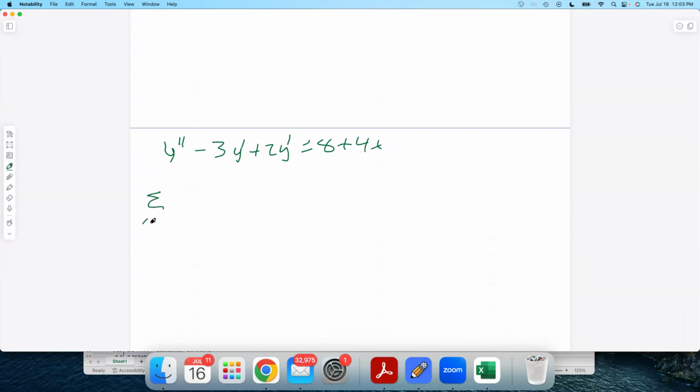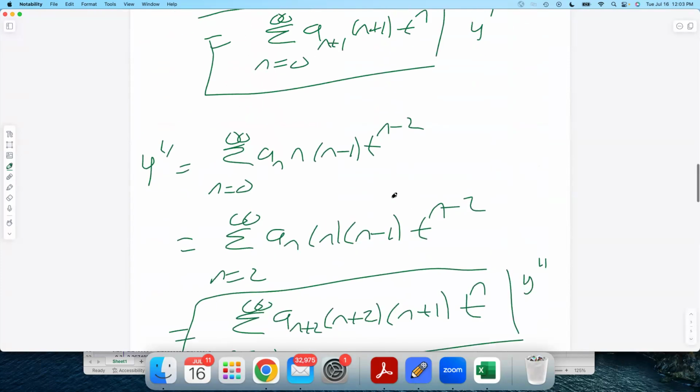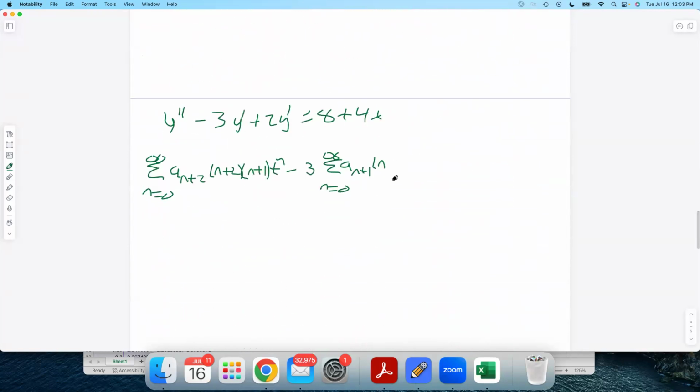Okay, so what do we get here? Sum n equals 0 to infinity, a_(n+2) times (n+2)(n+1) t to the n, minus 3 times sum n equals 0 to infinity, a_(n+1) times (n+1) t to the n, plus twice the original, sum n equals 0 to infinity, a_n t to the n.